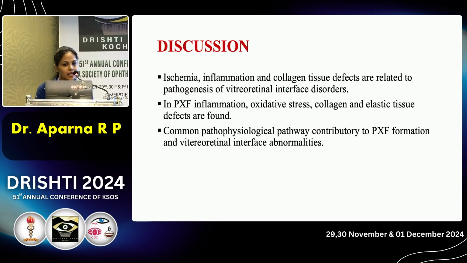Ischemia, inflammation and collagen tissue defects are known to be related to the pathogenesis of vitreoretinal interface disorders. Similarly, in pseudoexfoliation also, inflammation, oxidative stress, and collagen and elastic tissue defects are found. Thus, a common pathophysiological pathway contributory to both can be assumed.